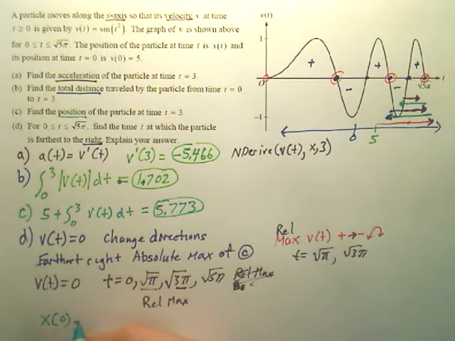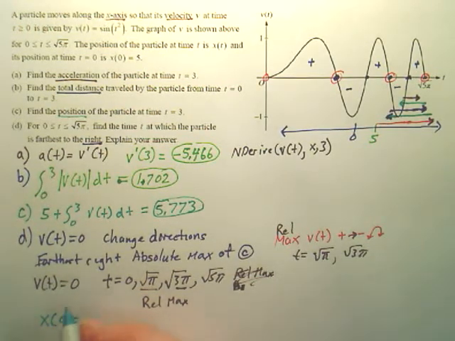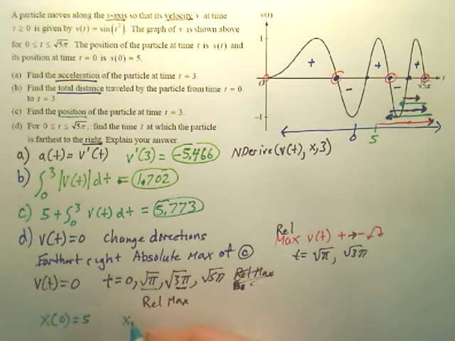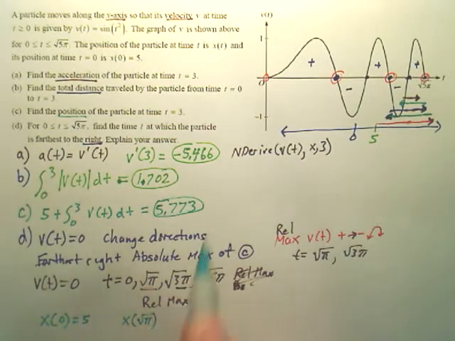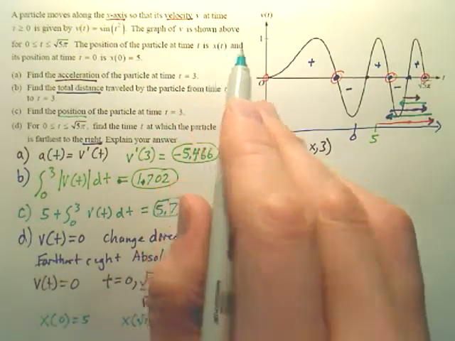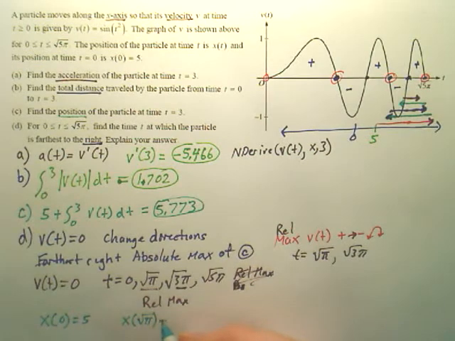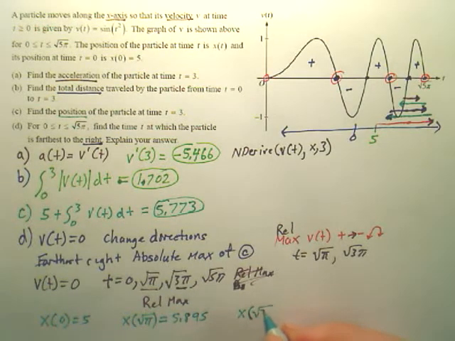x of 0 gives you 5, which is given. Isn't the equation for position x of t? x of square root of pi gives you 5.895. x of the square root of 3 pi gives you 5.788.